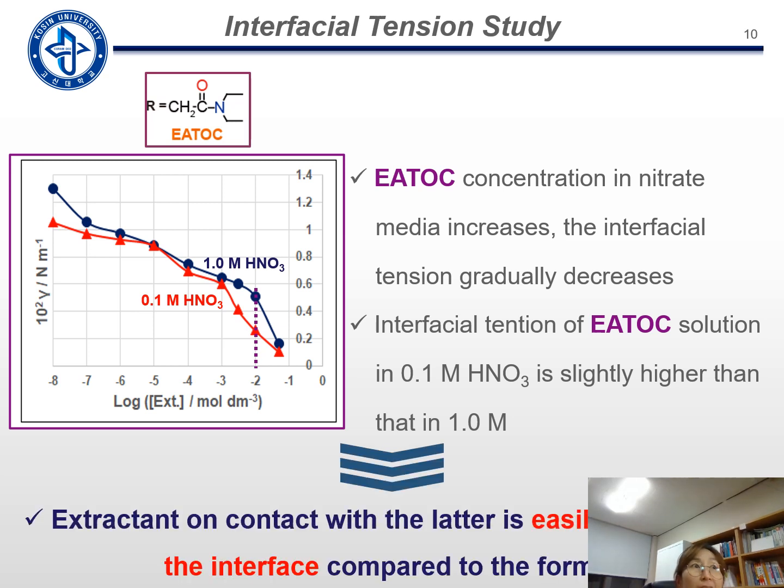It means that the extractant in contact with the latter is more easily adsorbed at the interface compared to the former. Namely, the extraction rate of silver in 1.0 molar nitric acid is slightly faster than in 0.1 molar nitric acid.